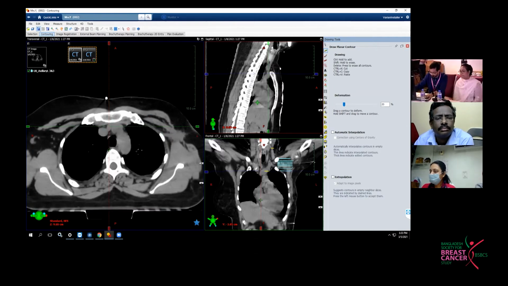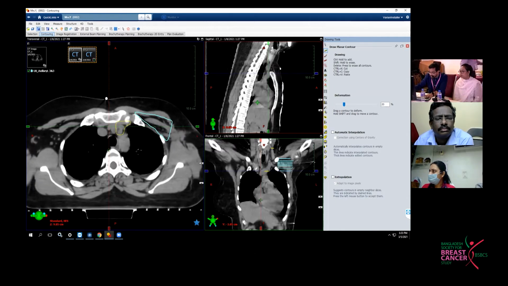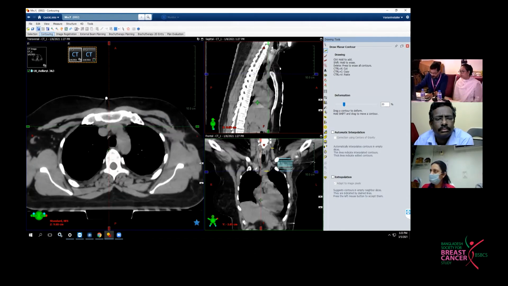So from this slice, axillary level 1 is starting here.